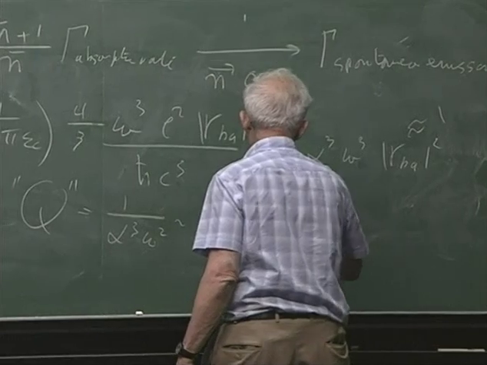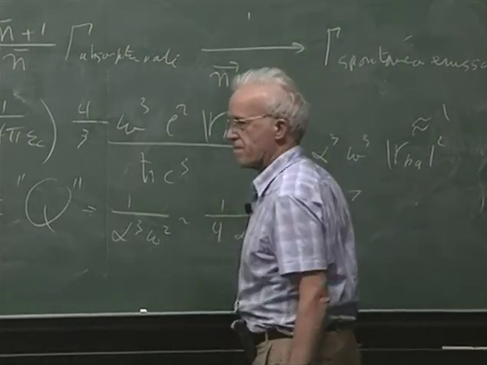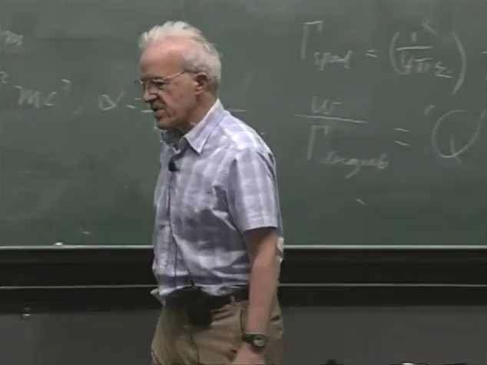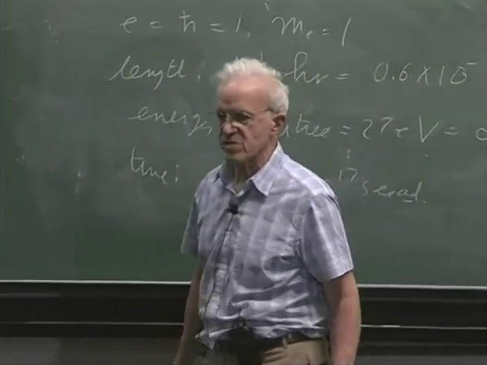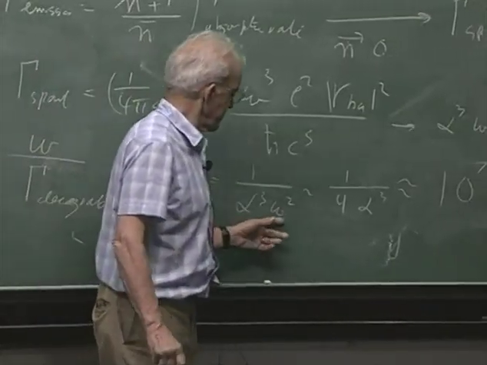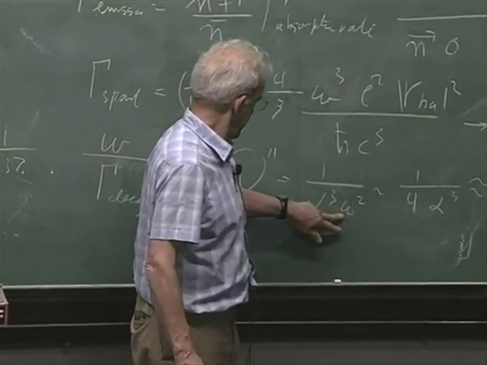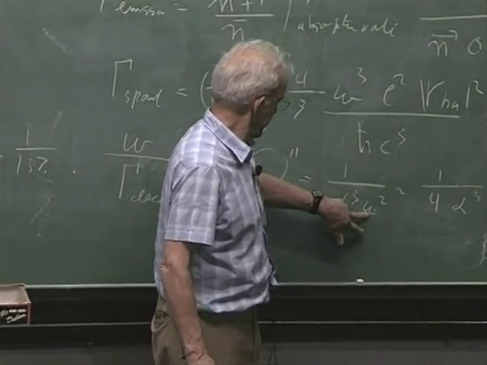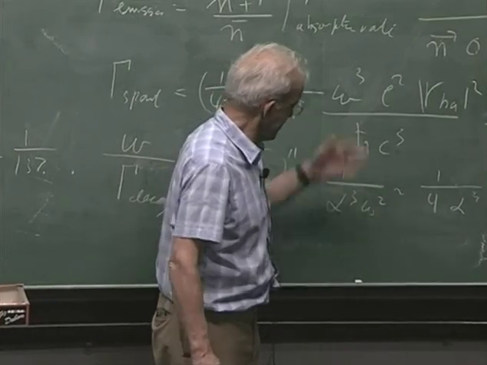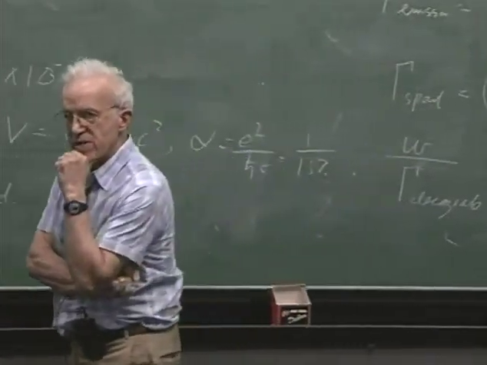And this turns out to be of the order of 10 to the 7th, 10 million. Now, in fact, in most atomic transitions it's much higher than that because the frequency is even smaller. If the frequency is smaller, it makes this thing bigger. But it means that radiation is a very weak process.